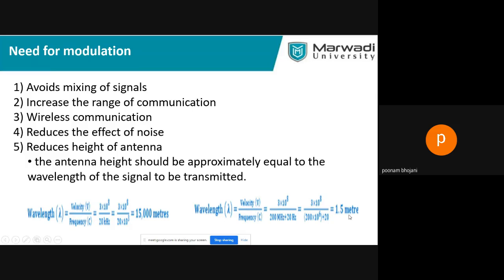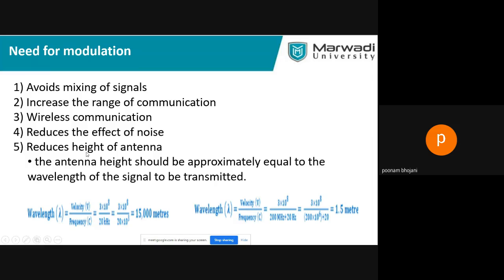Anyway, it is in kilometers earlier and now it is in meters. So the height of the antenna will be very small. The requirement of the height of the antenna will be very small if you are doing the modulation. This is the biggest advantage, that is, the height of the antenna. But by increasing the frequency, you will get all these advantages with it.